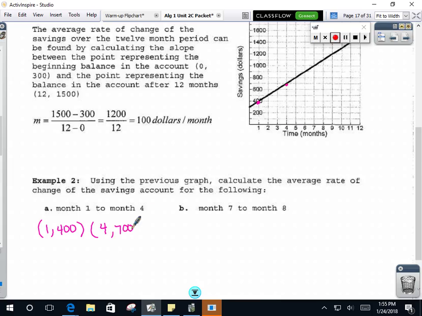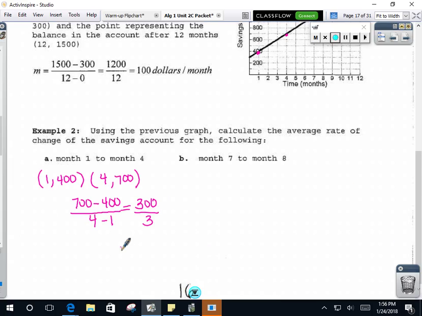So to find the rate of change, don't we just quickly calculate the slope? So that would be 700 minus 400 over 4 minus 1, and that becomes 300 over 3, which then becomes 100 over 1. And what does that mean? $100 every month.